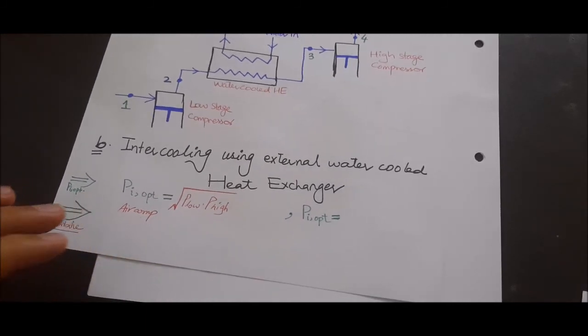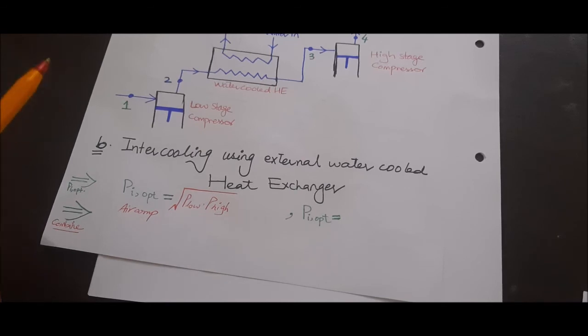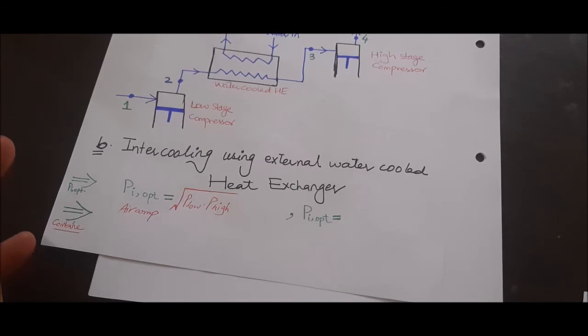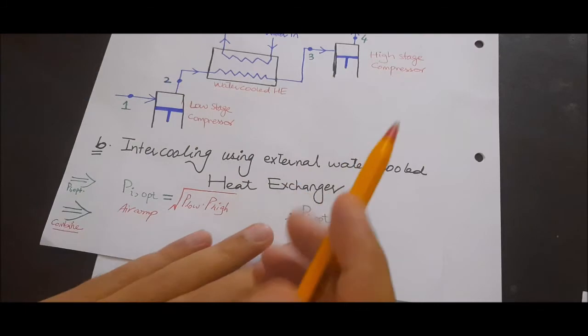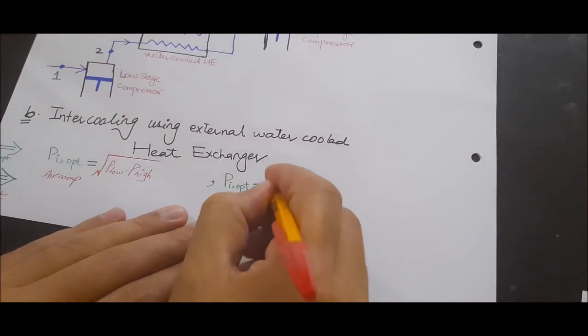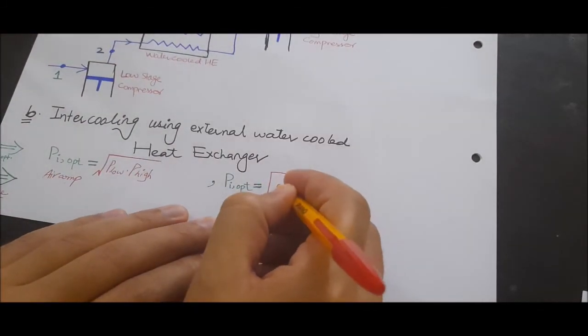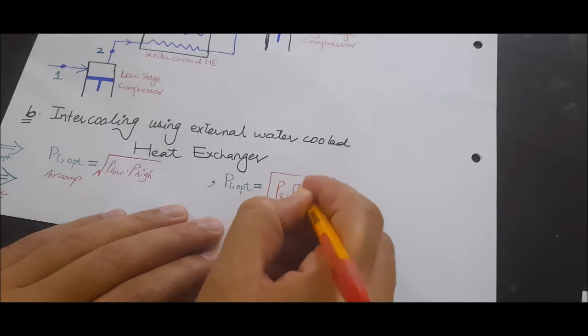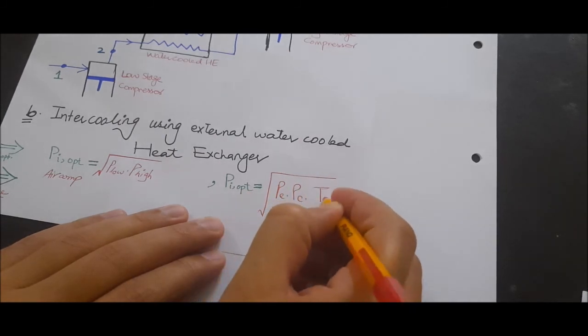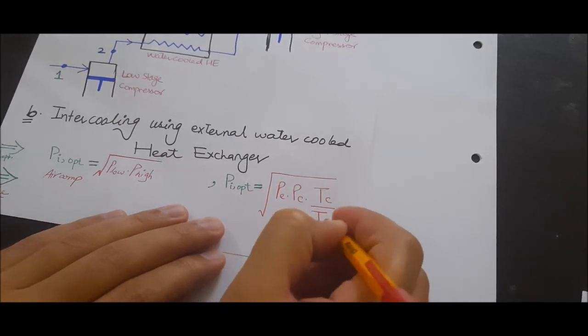if we have a refrigerant other than air, for other refrigerants there are multiple models suggested with different types of correction factors. One such model is under the root PE, PC, TC divided by TE.